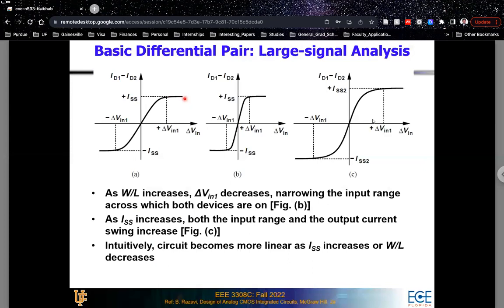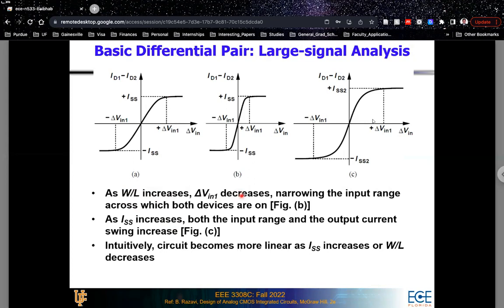Okay. Now, a few other considerations. If you increase your W over L, your K will increase. If your K increases, for the same current, the del V in will decrease.